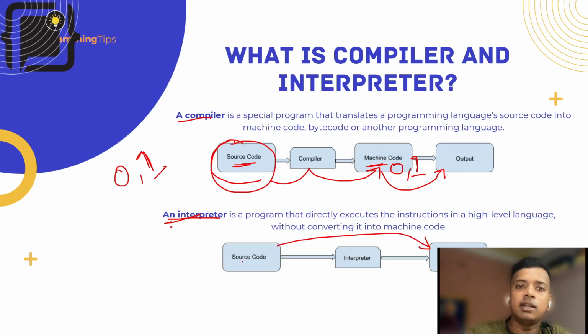It doesn't convert the source code to machine code and then output. It just converts the whole code into the output. Either a compiler or an interpreter, you need one of them to run a program. Whether it's C, Python, Java, or any programming language, you require either a compiler or an interpreter to run that program.